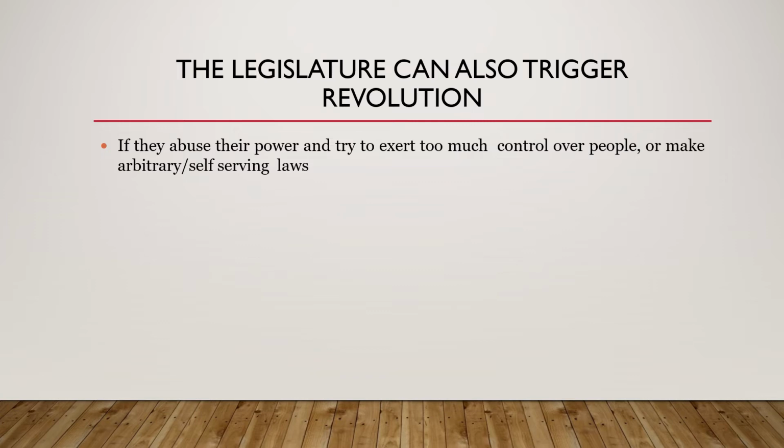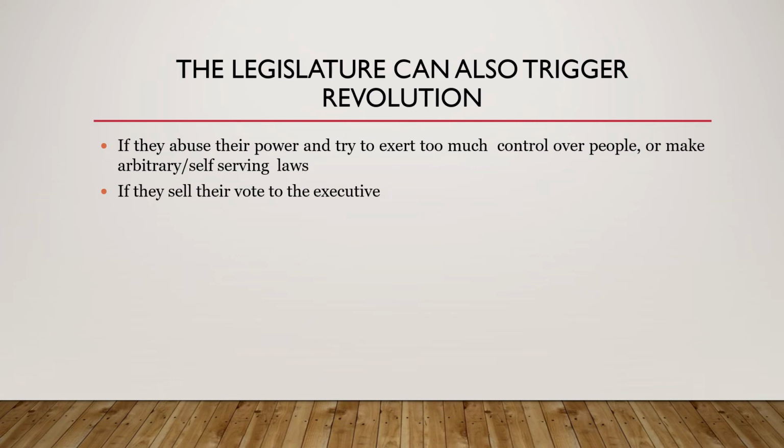So again, an example would be if the government took people's land, took people's property in the guise of needing it for the common good, and then don't use it for the common good, keep it for themselves. That could trigger a revolution caused by the legislature not performing their function properly.